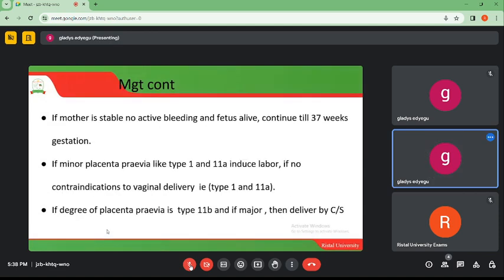So if a mother is stable, no active bleeding, and the fetus is alive, then you continue till 37 weeks of gestation. So the mother can come when she is not bleeding, but you've done a scan and you've identified she has placenta previa.